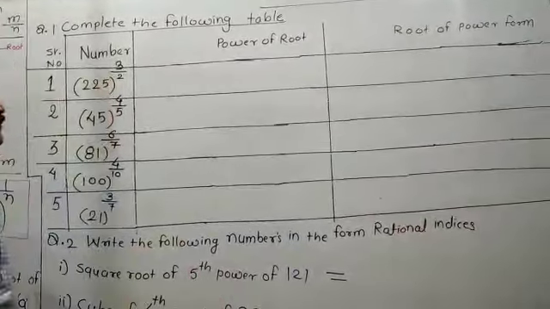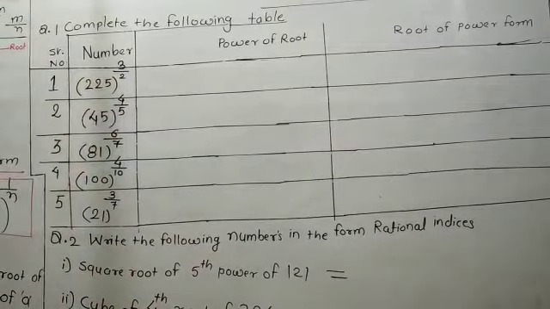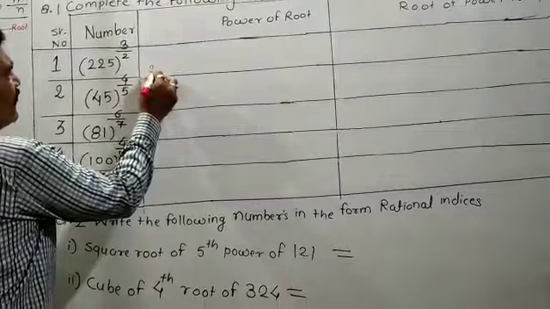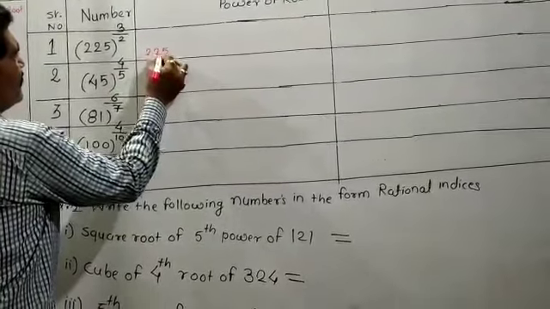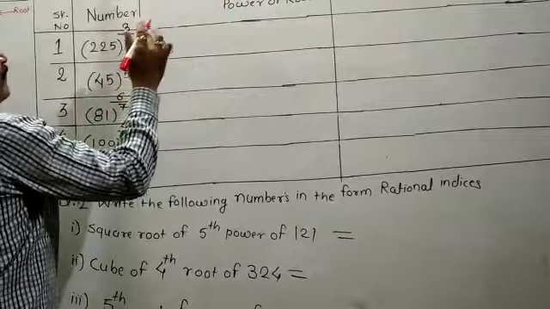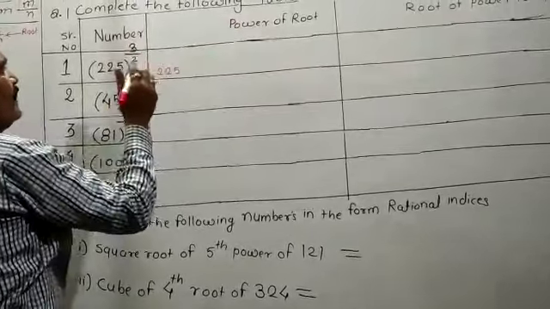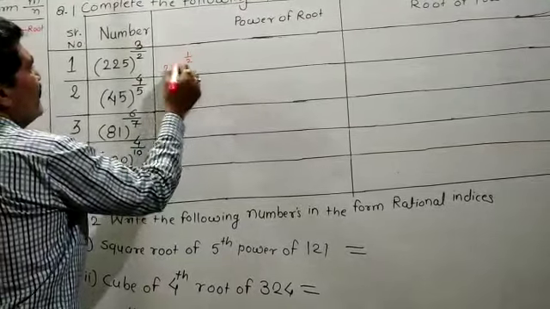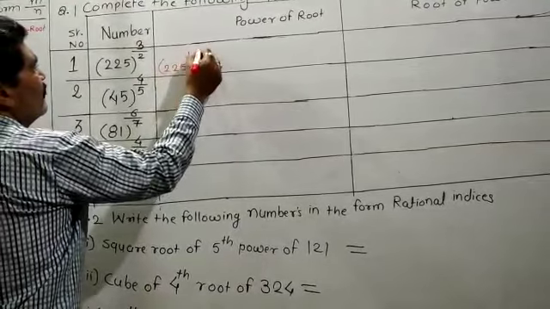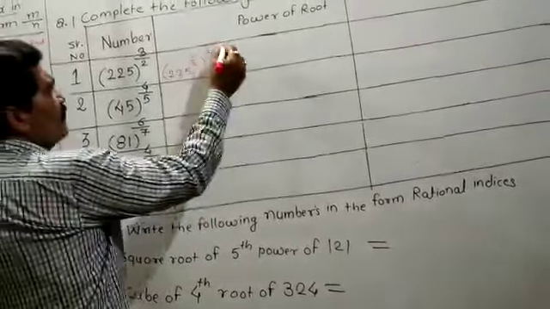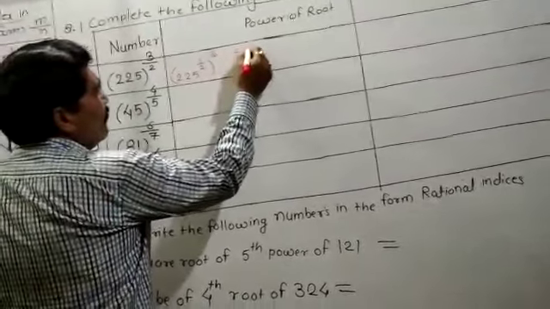So, if you want to write this in the form of power of root, at that time 225 you have to write as it is, 225. Base as it is. So, power of root: first of all you have to write root inside and power outside. What will you say? Cube of. How will you read?